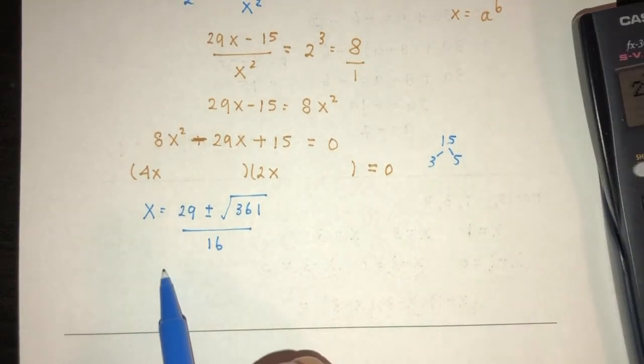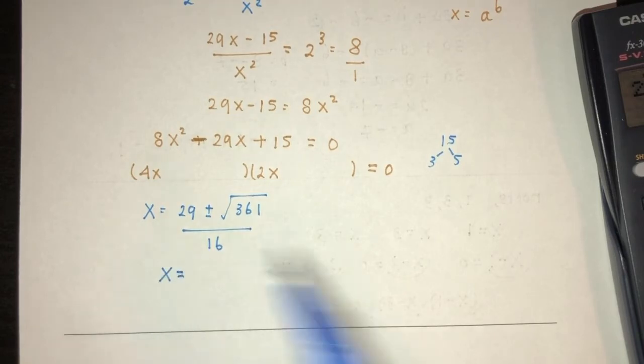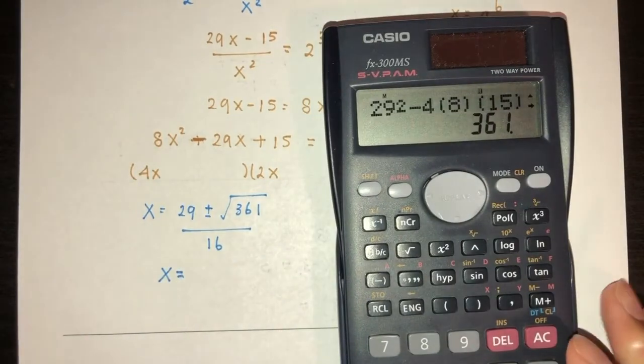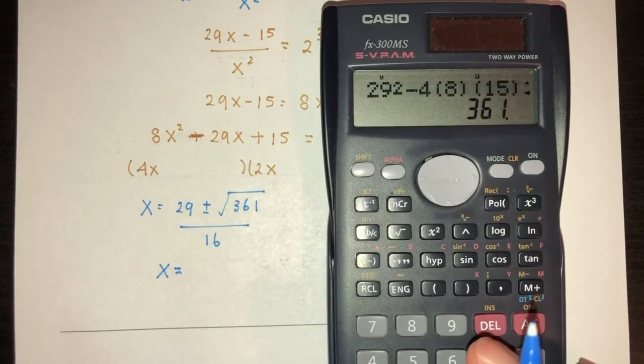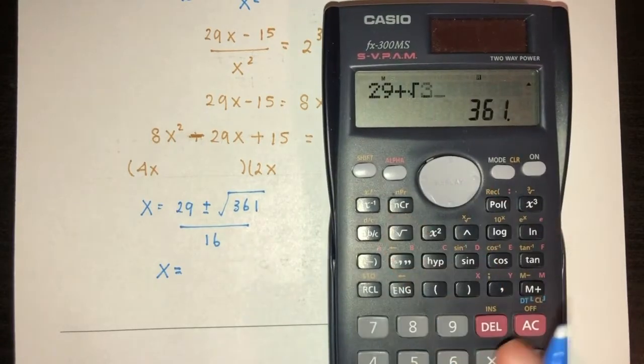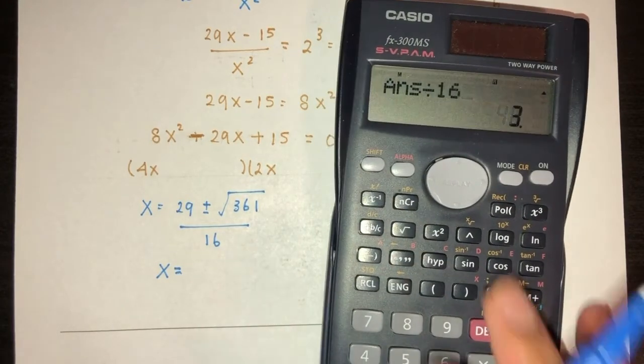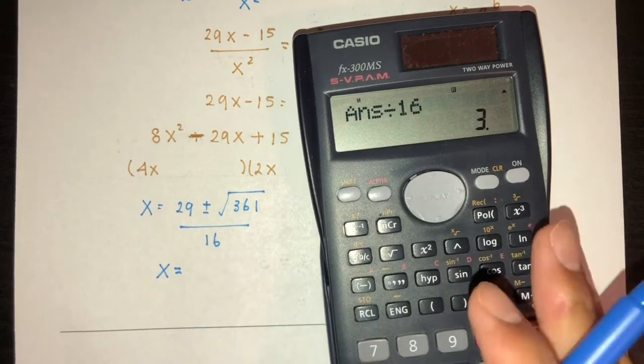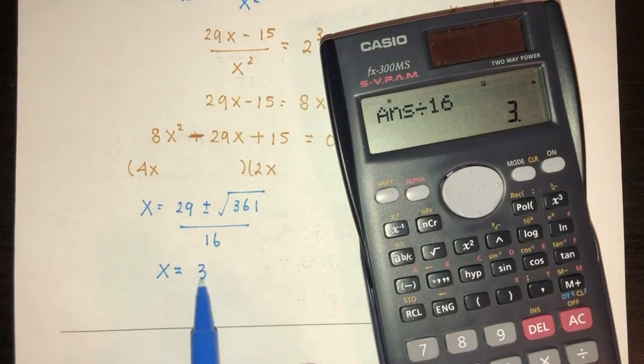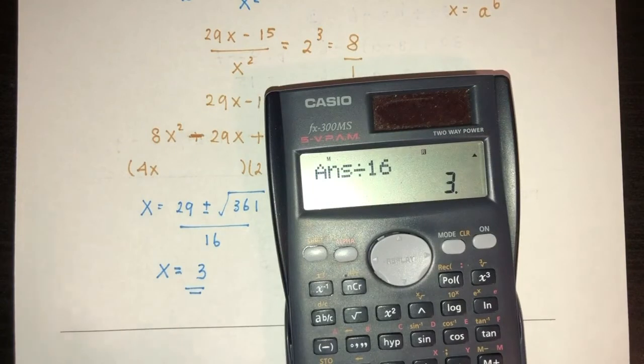So x is equal to what? X has to be positive because it is logarithms in this case. So it will be 29 plus root of 361 divided by 16. That will be 3. Okay, it was an exact value. It means that we could have actually factorized our equation.